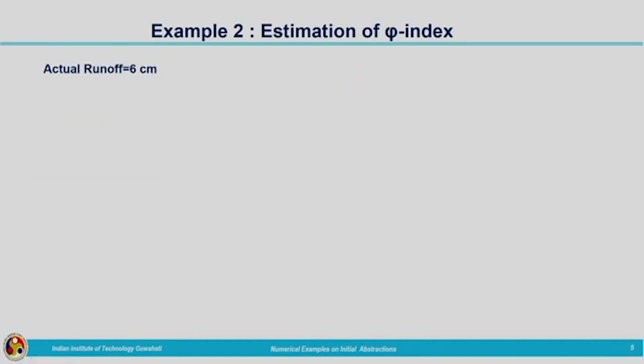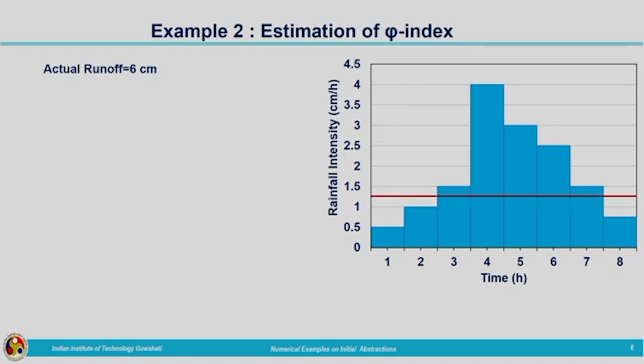So, in the next guess, what will we be doing? Same figure, we are going to assume a phi index value of 1.25 centimeters per hour. From where is this 1.25 coming? The initial guess was between 0.5 and 1, and the second guess we are going to make between 1 and 1.5. We need to determine the interval rainfall intensity for which the phi index value will be constant and gives the actual runoff depth.